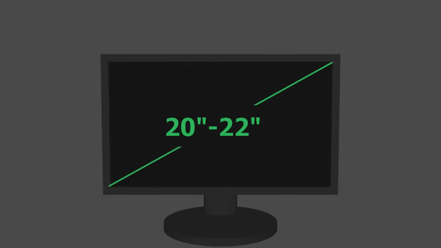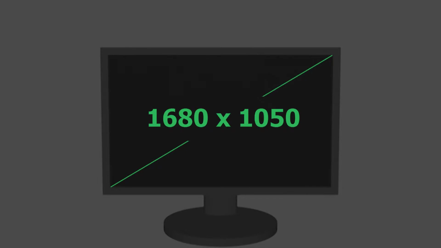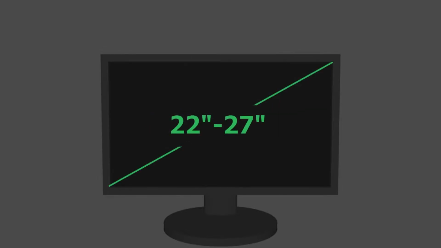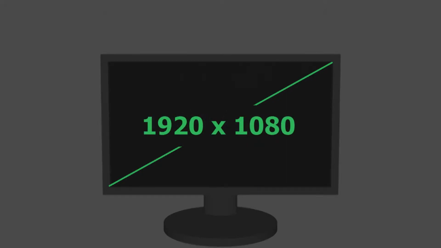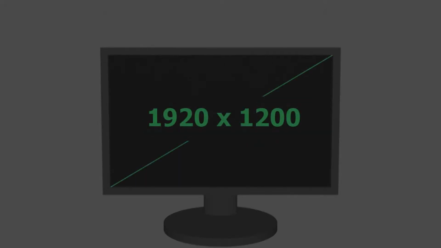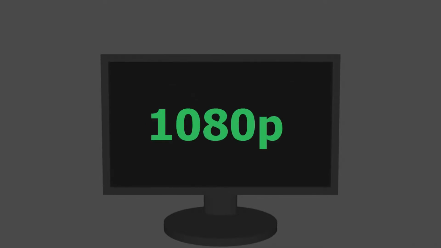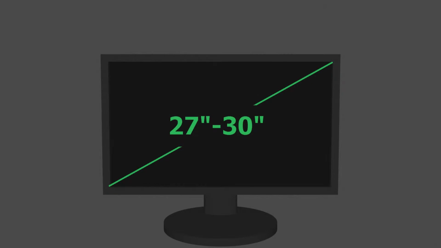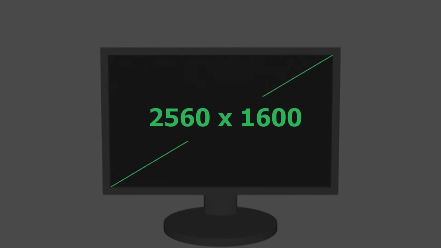20-inch and older 22-inch monitors will have a resolution of 1600 by 900 or 1680 by 1050. Newer 22 to 27-inch monitors will have a resolution of 1920 by 1080 or 1920 by 1200. These resolutions may be referred to as 1080p. High-end premium 27 and 30-inch monitors will have a resolution of 2560 by 1440 or 2560 by 1600.